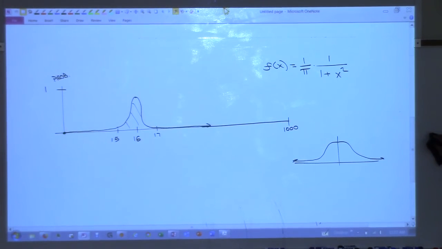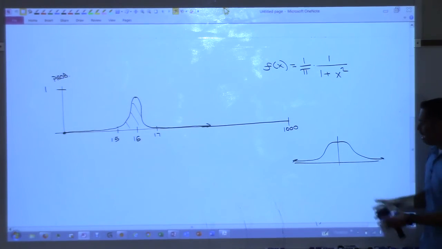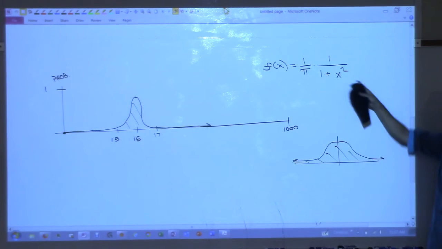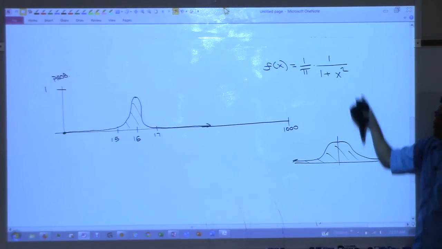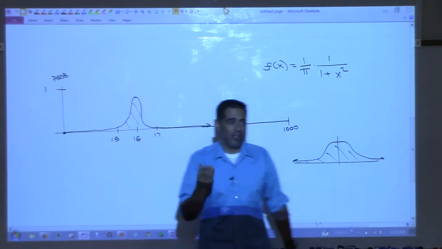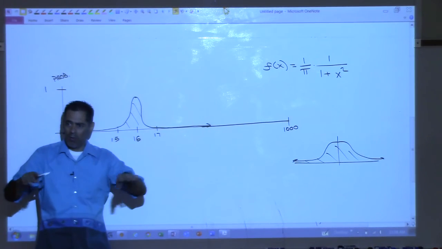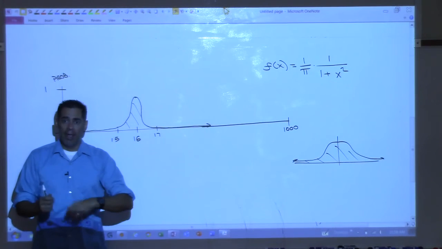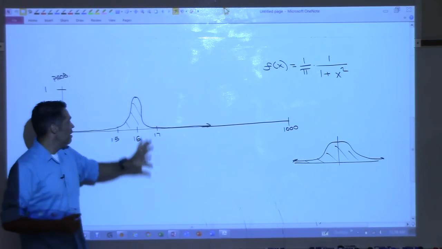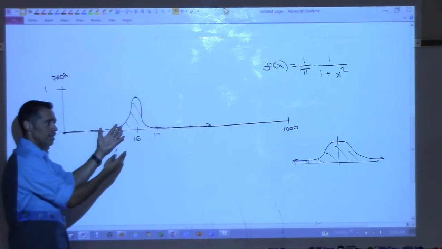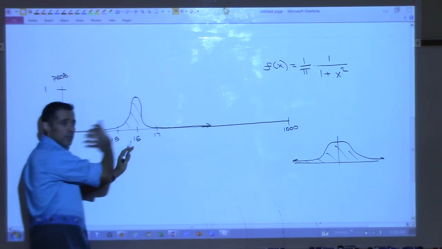Now, what's the area under that function? 1, because I've scaled it by pi. That function still looks kind of the same, but now the total area under it is 1. So that function is a perfect example of what we call a probability density function, because it has a total area underneath it of 1, and so it is perfectly suited for models where you have probabilities that go out in one direction or both directions forever.